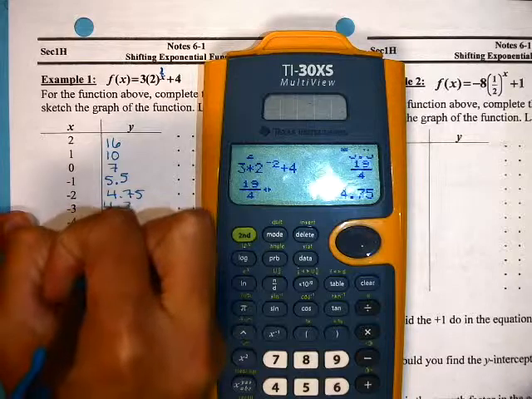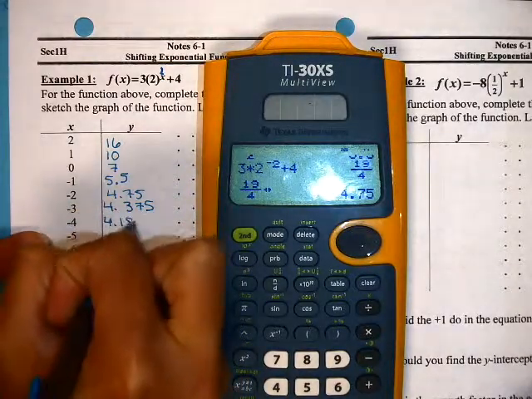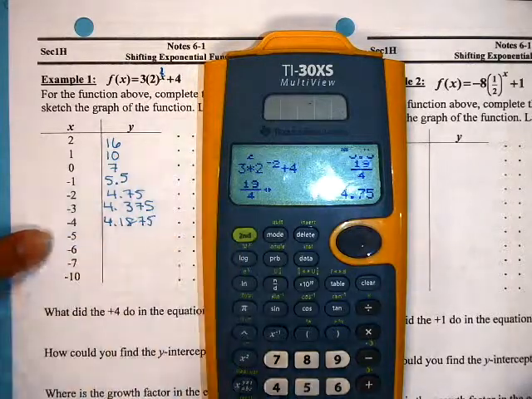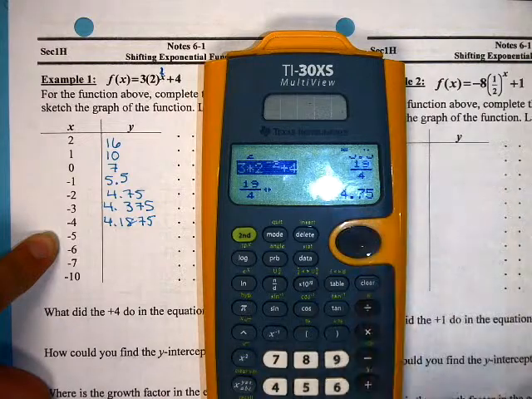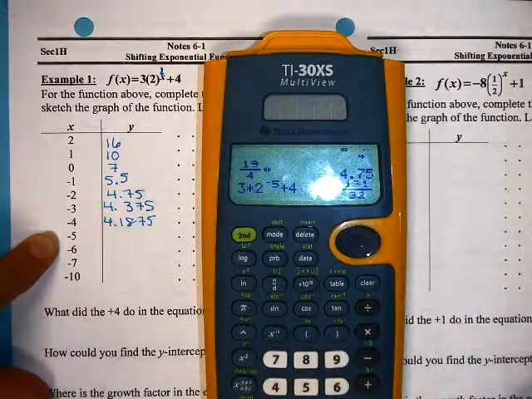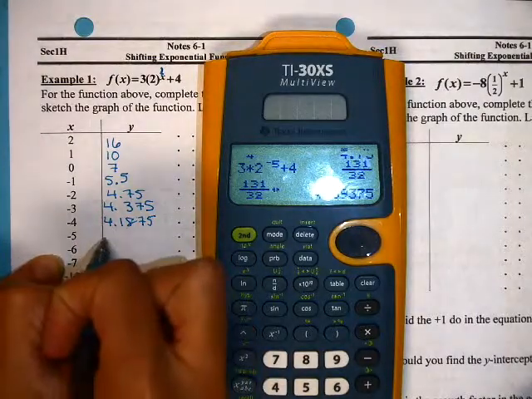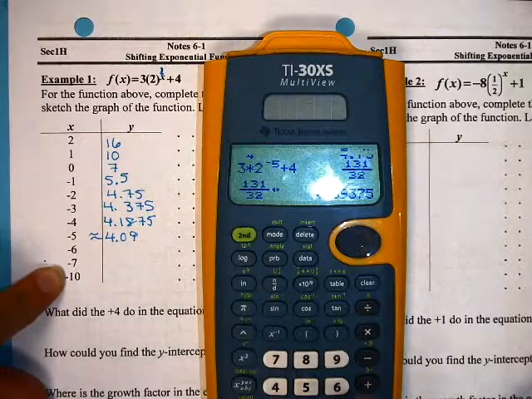Hopefully you got 4.375 for -3, 4.1875 for -4. It's okay if you rounded it because you're going to have to when you get in -5 for x. It goes on a ways. So let's round and say it's about 4.09.